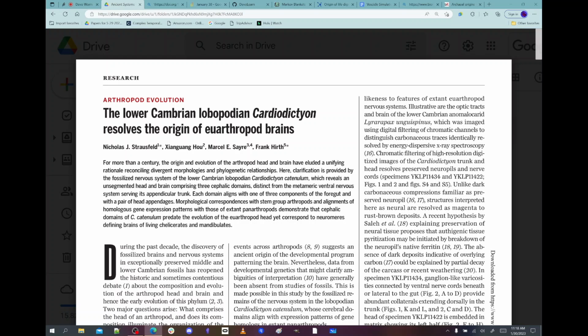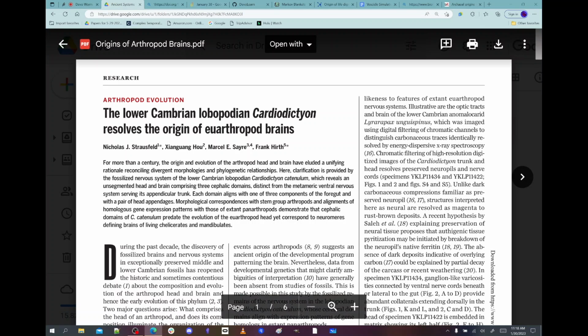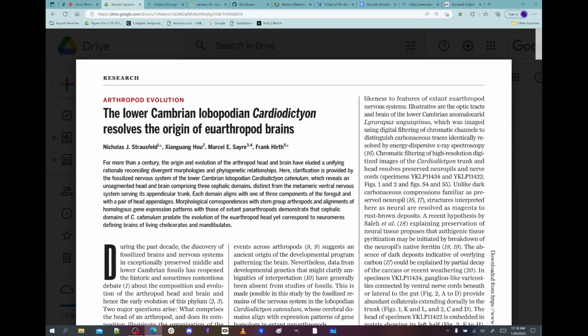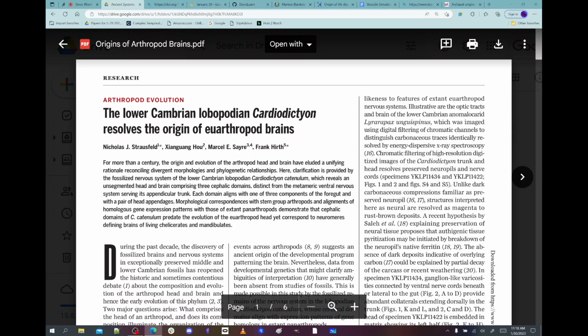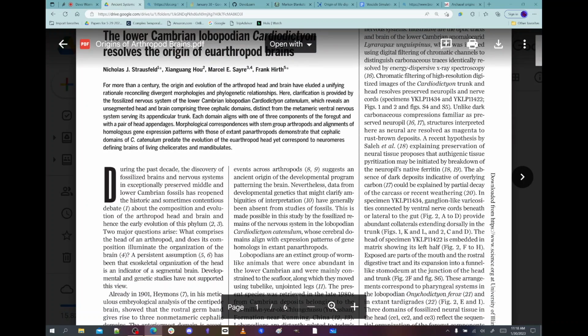Morphological correspondences with the stem group arthropods, which are the origin of arthropods, and alignments of homologous gene expression patterns with those of extant panarthropods demonstrate that cephalic domains of this organism predate the evolution of the euarthropod head, where euarthropod is the larger group of arthropods. It corresponds in neuromeres defining brains of living groups like the mandibulates and the chelicerates. I'm not familiar with the latter, but the former is organisms with mandibles.